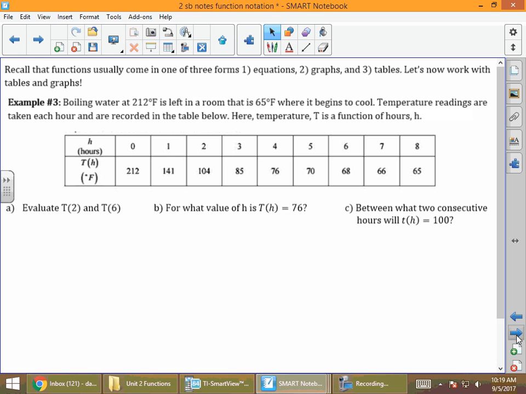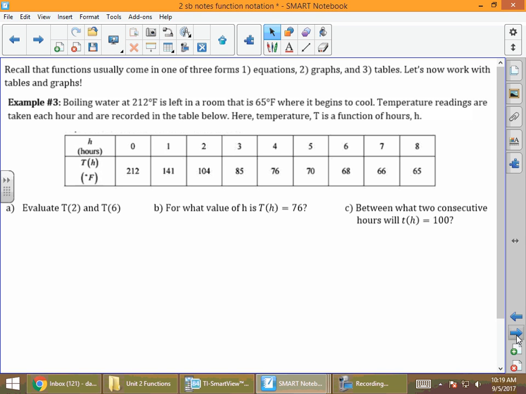Our first example says boiling water at 212 degrees Fahrenheit is left in a room that's 65 degrees Fahrenheit, where it begins to cool. Temperature readings are taken each hour and are recorded in the table below. Here, temperature is a function of the hours.